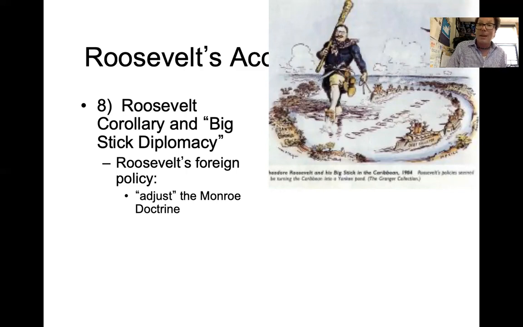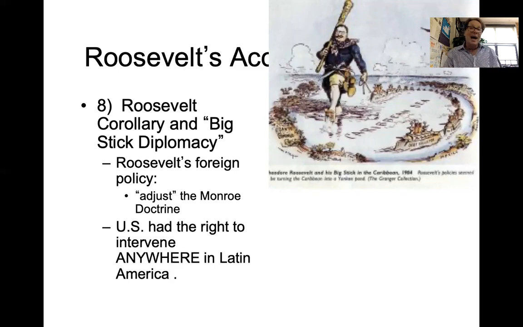This is called basically a corollary or an addition to something, the Roosevelt corollary. And so now the Roosevelt corollary, which is basically taking the Monroe Doctrine and tweaking it and adjusting it and adding on to it. So now it's basically not only a warning telling Europe, in this instance, Great Britain and Germany, to stay out of Latin America, Central and South America.